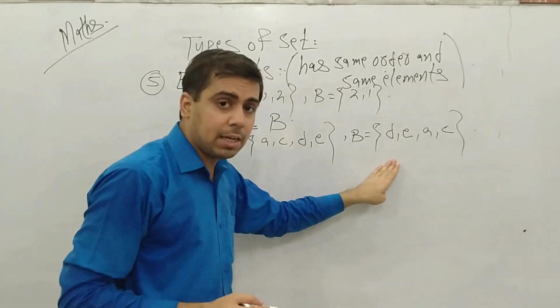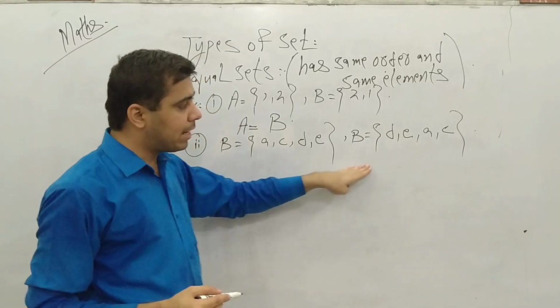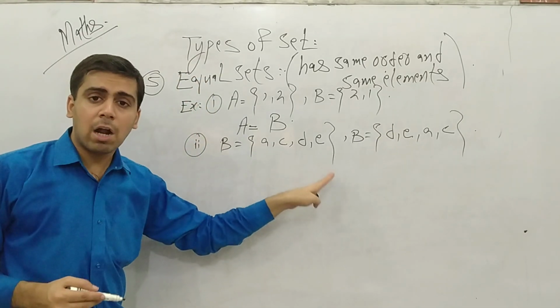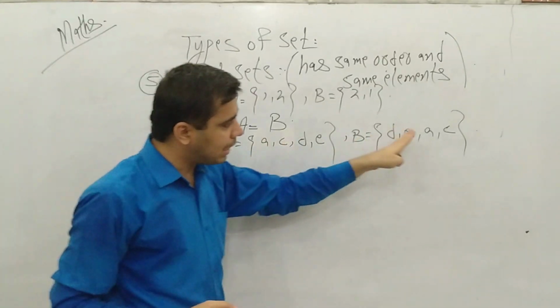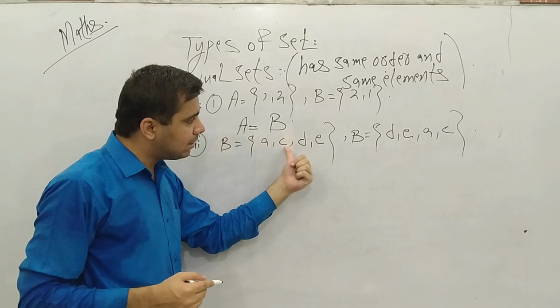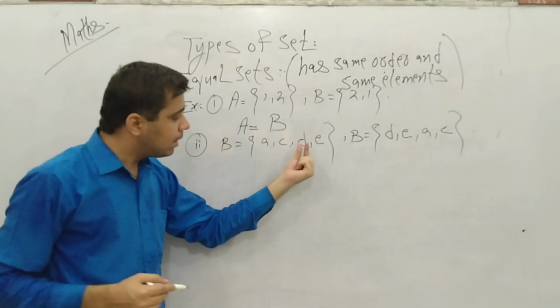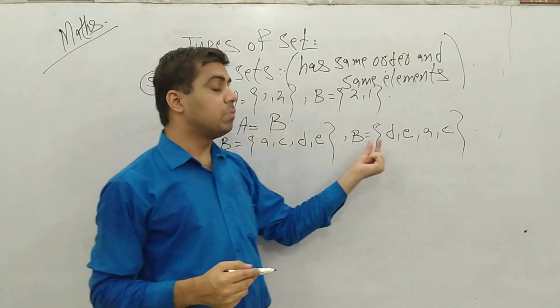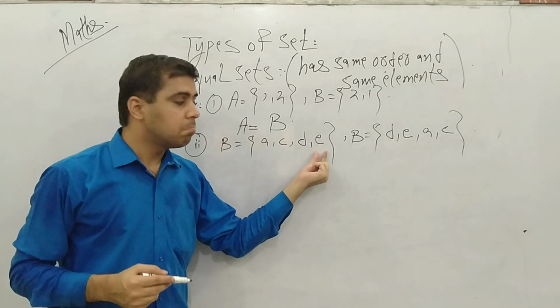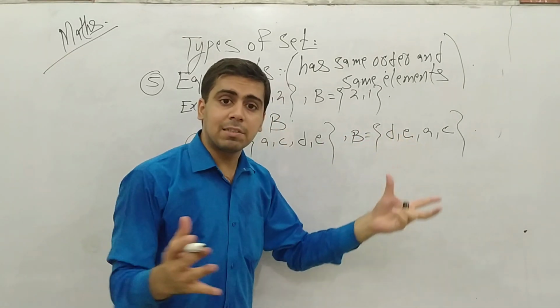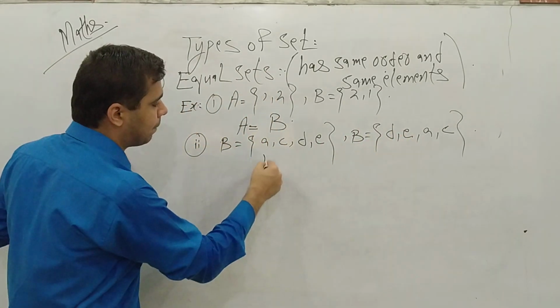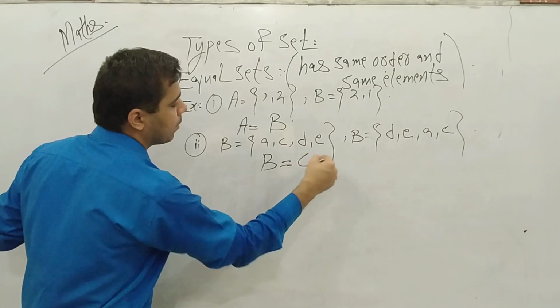Now we have to see whether the elements are the same or not. A is given here, A is there; C is also given here; D is given here, D is also there; and E, both are the same. So we can also say that B is equal to C.